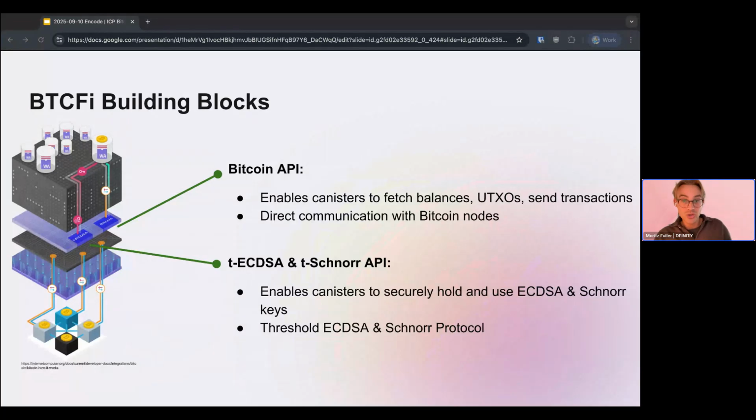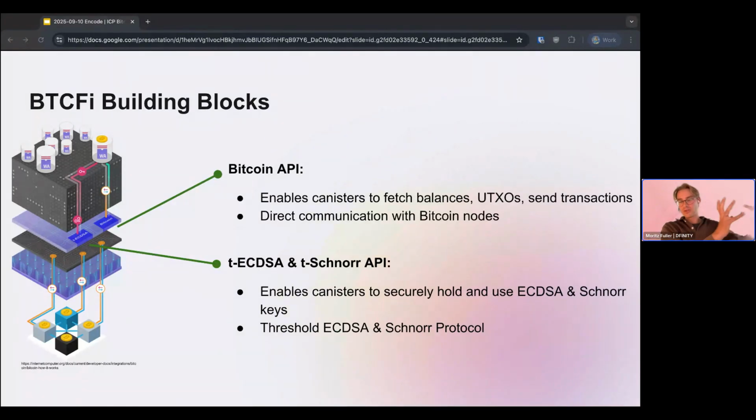And what can you do with this Bitcoin API or the Bitcoin integration? It allows you as a developer to write smart contracts or to write canisters that are able to fetch the balances of certain Bitcoin addresses, the UTXOs that belong to certain Bitcoin addresses, and you can also get the block headers, fees, send transactions, and a couple of other things.